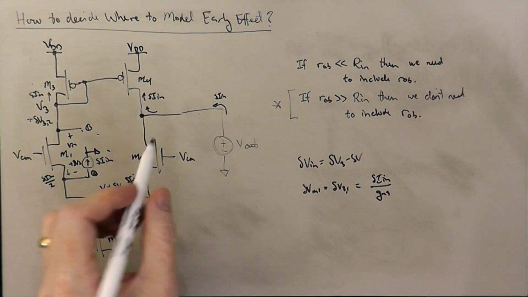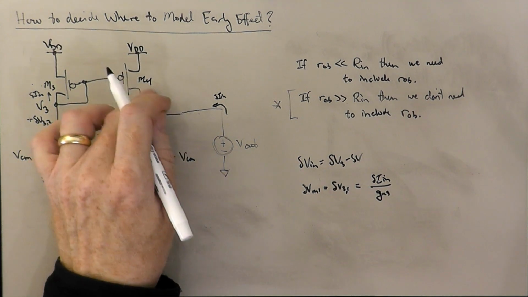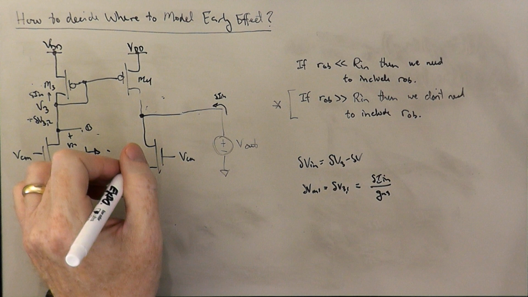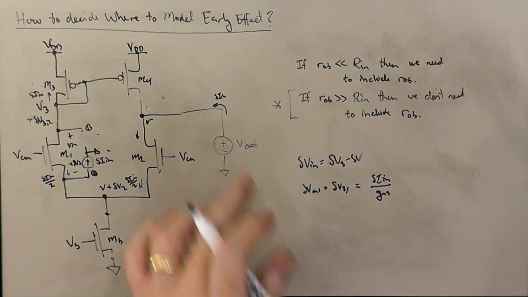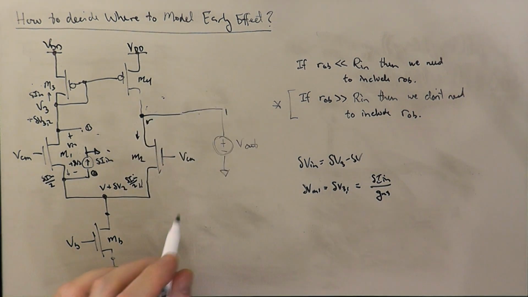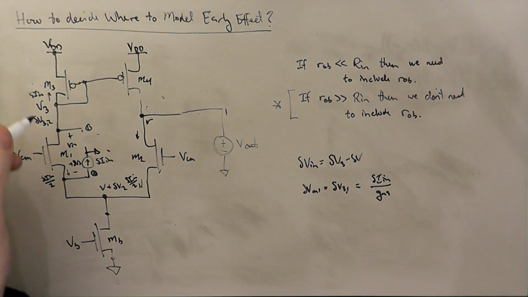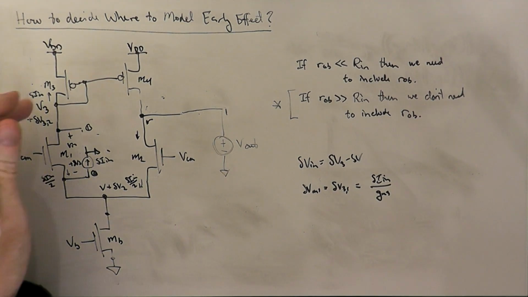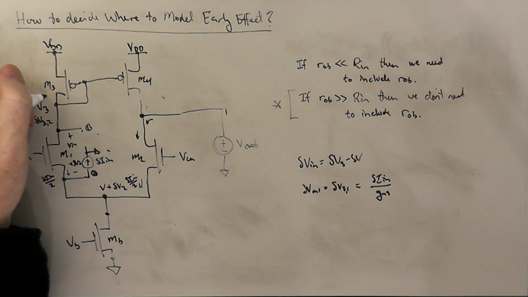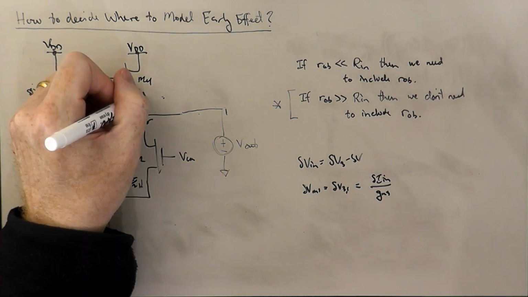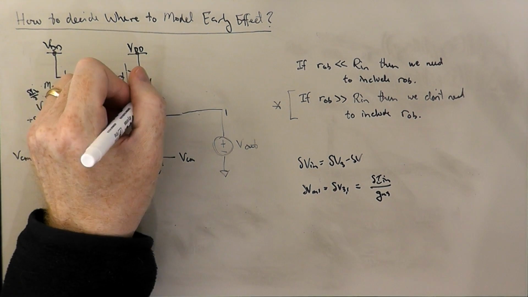This delta IN over 2 is going to, again, come from the output voltage source. Right, this delta IN over 2 is going to be mirrored by M3. And it's going to be mirrored by M4.